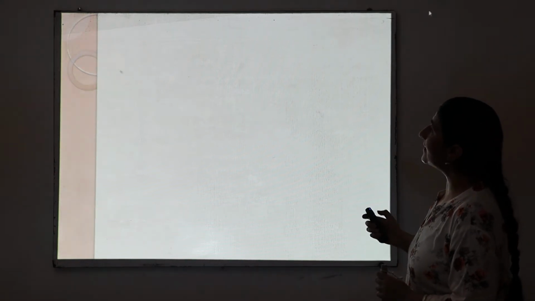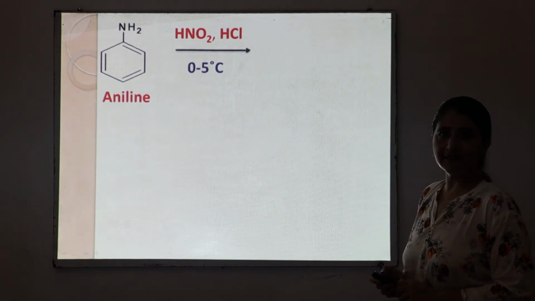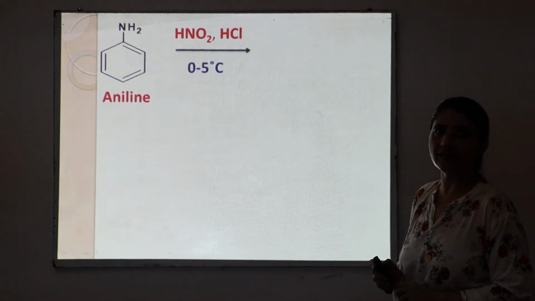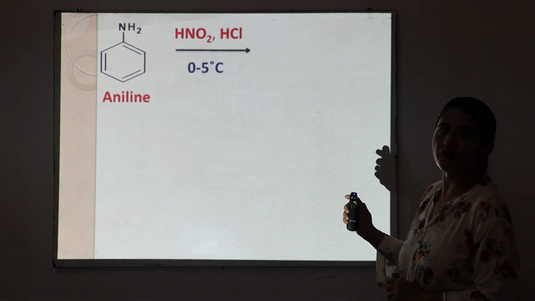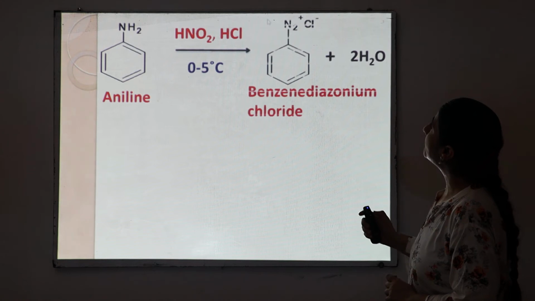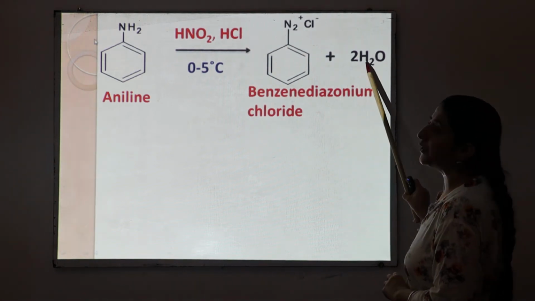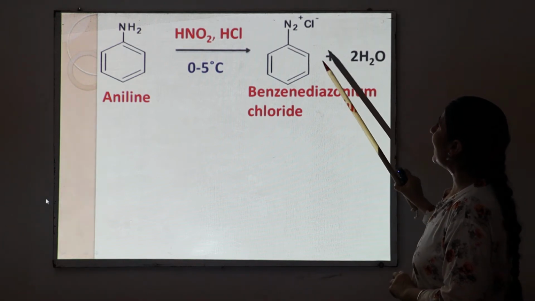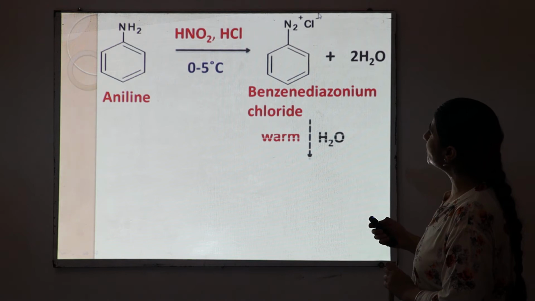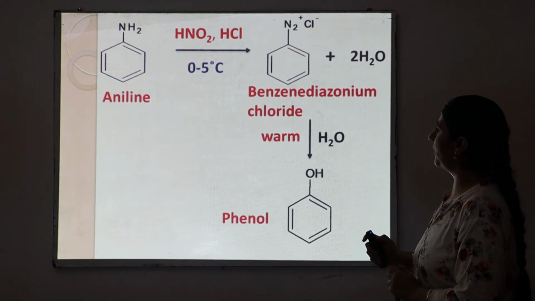The reaction is, here we have an aniline that reacts with nitrous acid in the presence of HCl at cold condition, temperature 0 to 5 degrees Celsius. In this case, we get benzene diazonium chloride with the elimination of two molecules of water. Then this benzene diazonium chloride reacts with water in warm condition to form phenol.